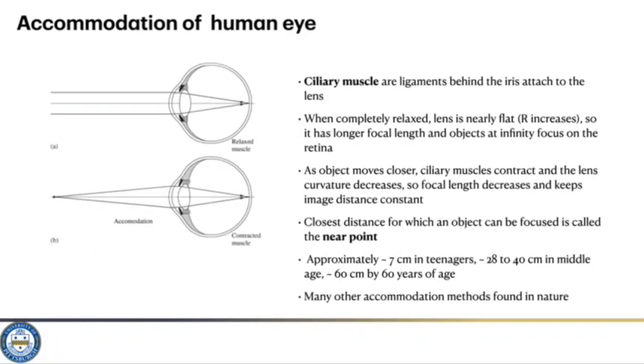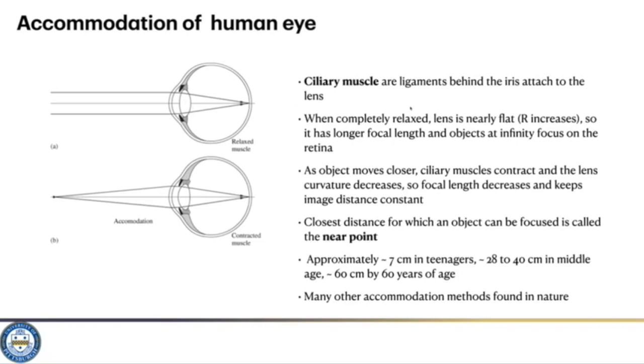Finally, the last topic that I want to talk about today is the accommodation of the human eye. So how is it that actually we see? How does vision work in a human eye? When an object is very far away, the ciliary muscle, which is ligaments that connect from behind the iris to the eye, they are attached to the lens that I just talked about.